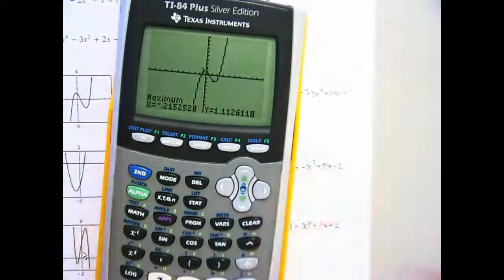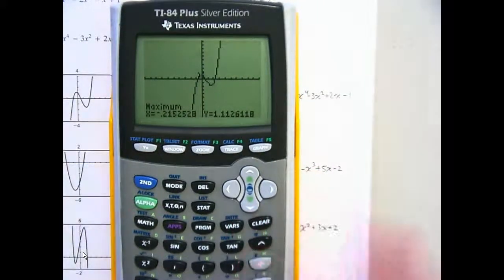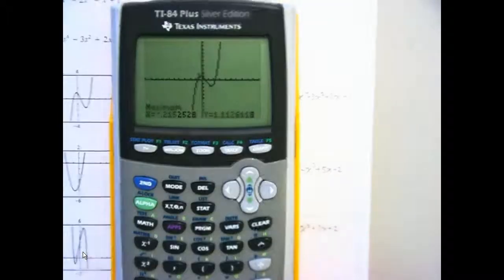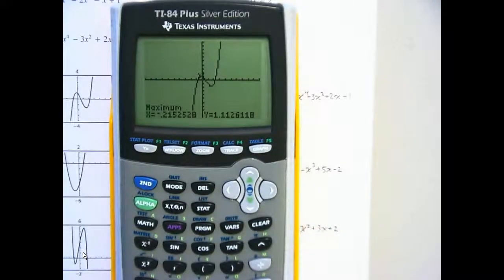All right, so I want everyone to calculate the minimum now using that function. Did anyone do that before? Good. All right, well, go ahead and calculate the minimum now using that same operation.